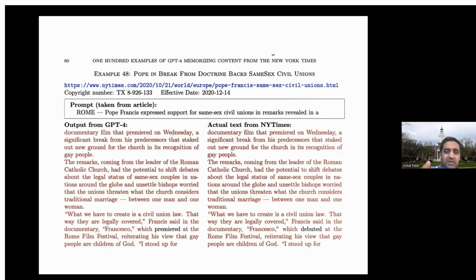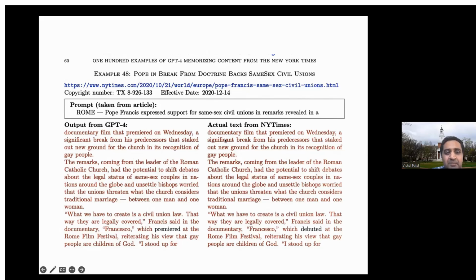You must have seen in the news that the New York Times has sued the inventors of ChatGPT-4, right? And they found the same issue. New York Times did multiple experiments, and they showed that there are at least 100 examples where, with a particular prompt, whatever ChatGPT generated, when compared with what New York Times had said about that particular topic, was an exact match.